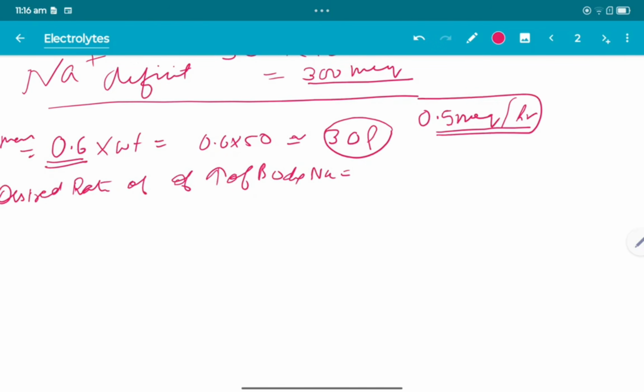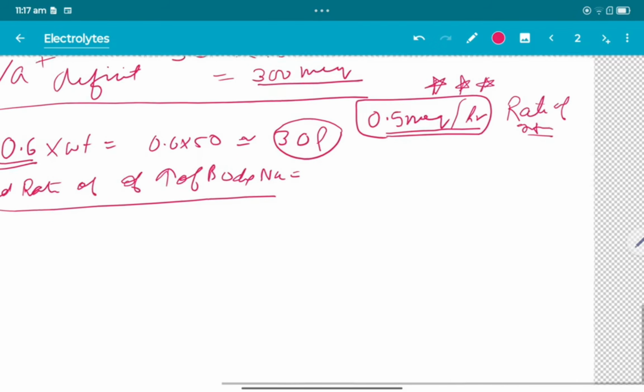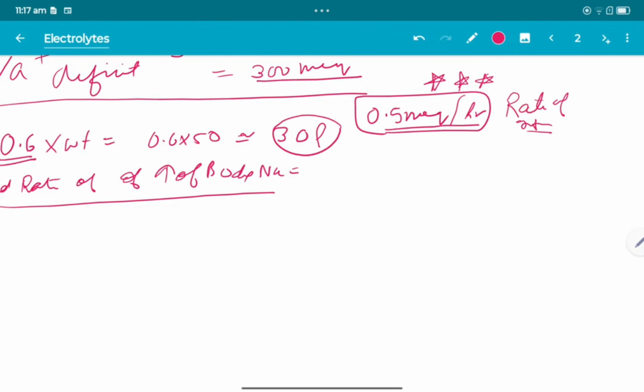Okay, sodium should not be given more than 0.5 milliequivalent per hour. Rate of infusion. So suppose desired rate of infusion of body sodium, how will you calculate? So it will be 0.5 into 30, which comes to be 15 milliequivalent per hour. This is the desired rate of increase of sodium.